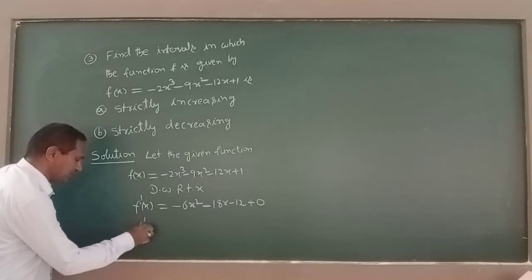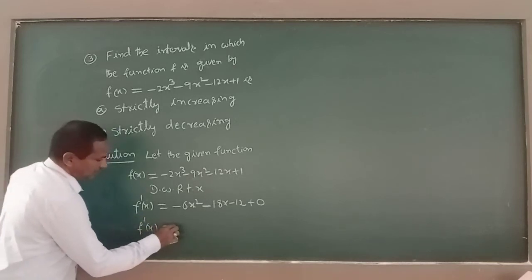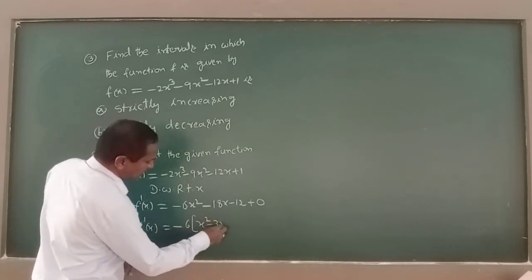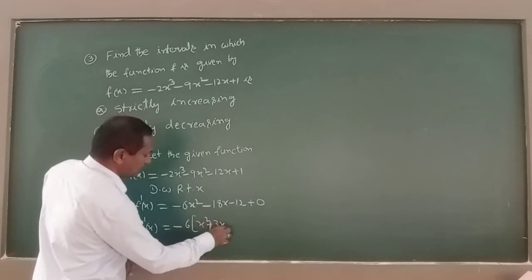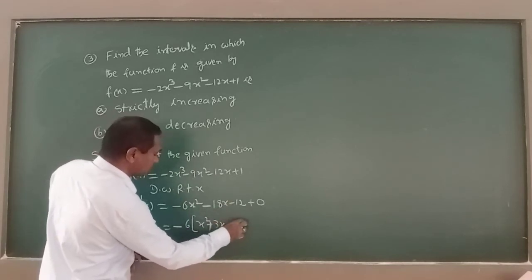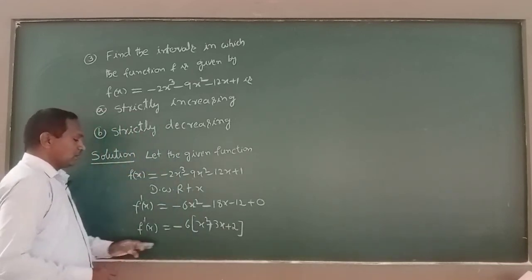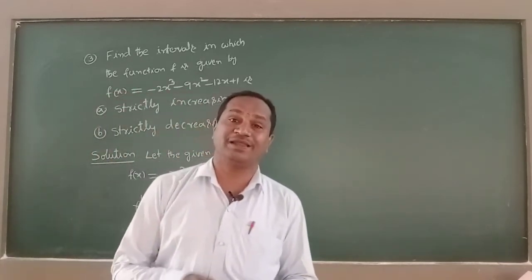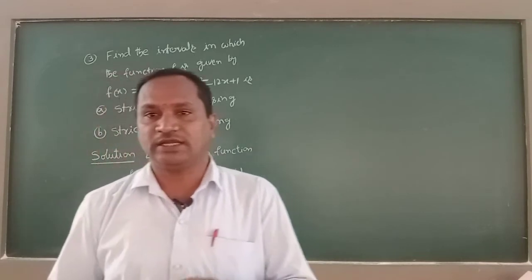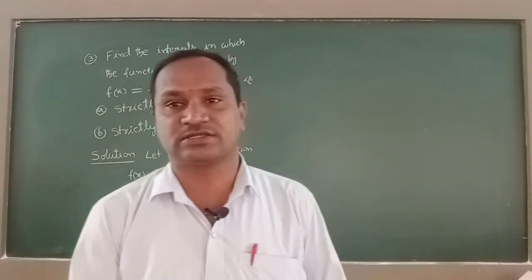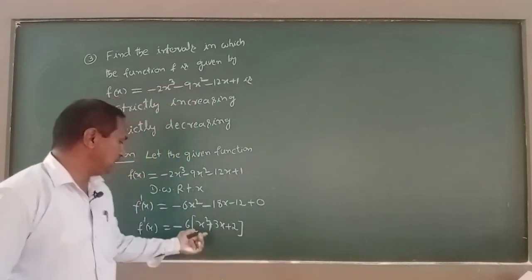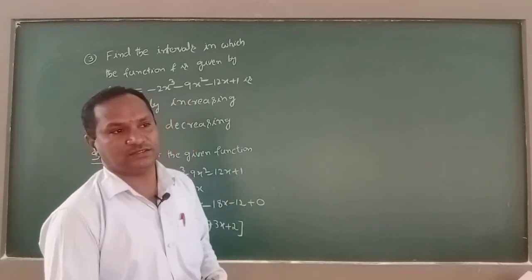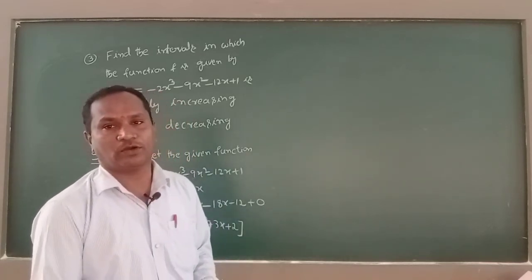F dash of x is equal to, take minus 6 common from all these three terms. We get x square plus 3x plus 2 in the bracket. It is a quadratic polynomial, and when you get a quadratic polynomial in the case of derivatives, try to convert it into a product of factors.